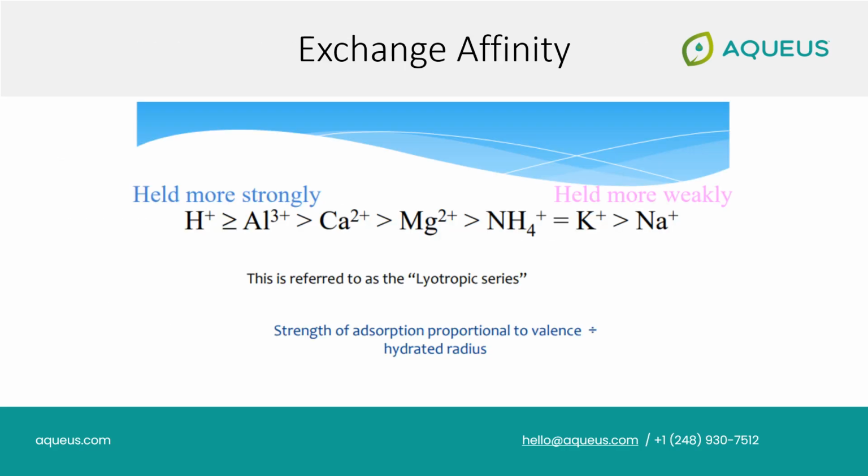So there's an exchange affinity for the cations. On the left, these are the more strongly held ones: hydrogen, aluminum, and we go down to calcium, magnesium, ammonium and potassium about the same, and sodium is the more weakly held. Now that doesn't mean that if we've got sodium, we can get rid of it easily.